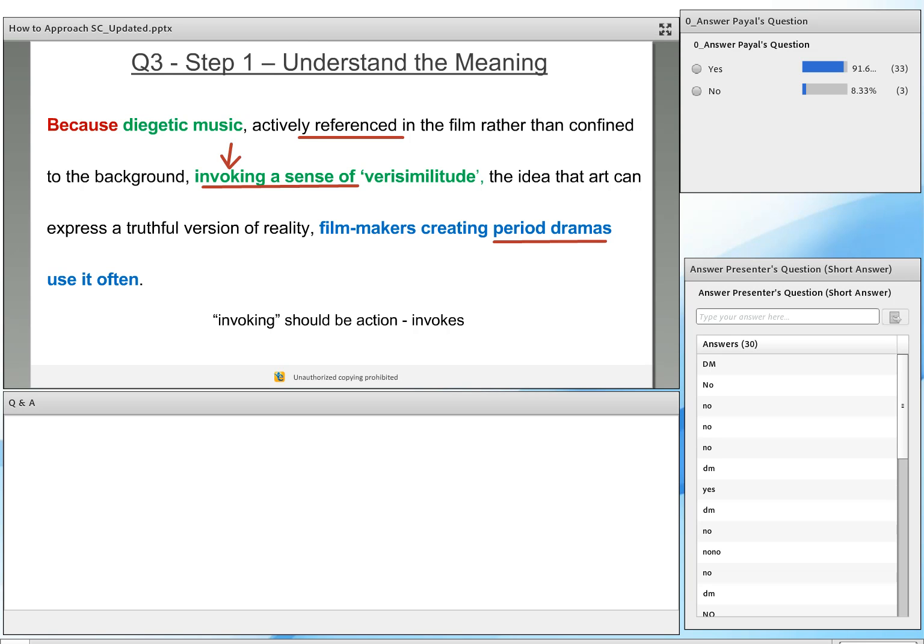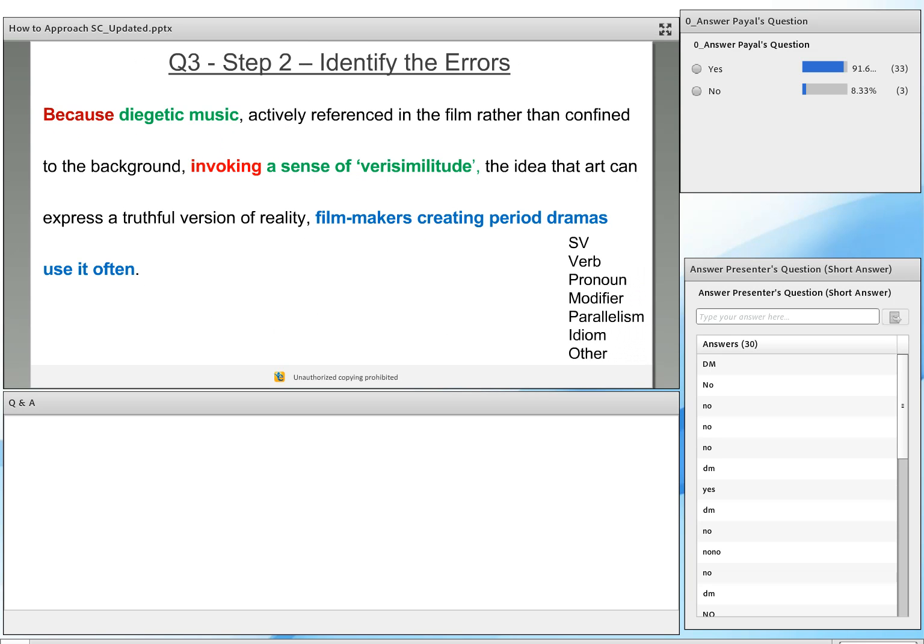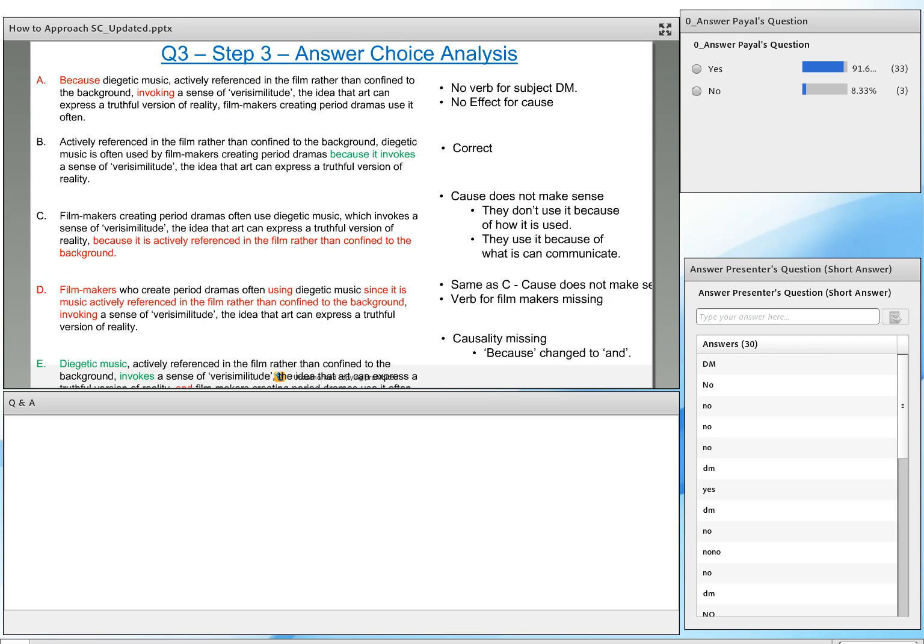Okay. Now with this understanding, we go to answer choice analysis. Let's come to choice B. Actively reference in the film rather than confined to the background, diegetic music is often used. So again, this was the descriptive part of the sentence, right?